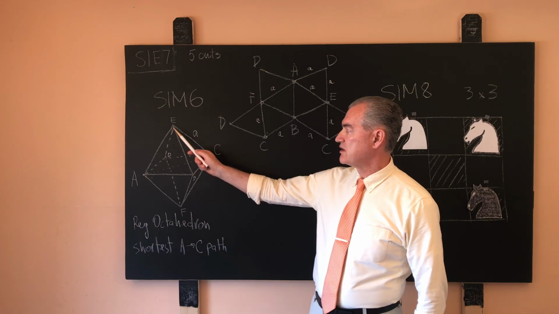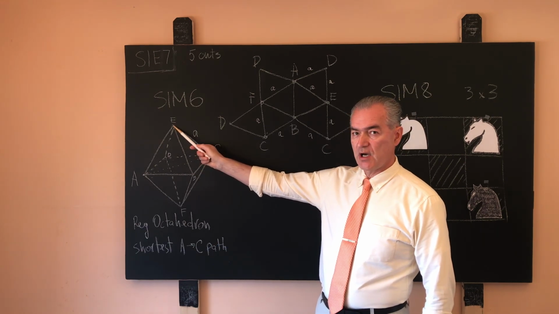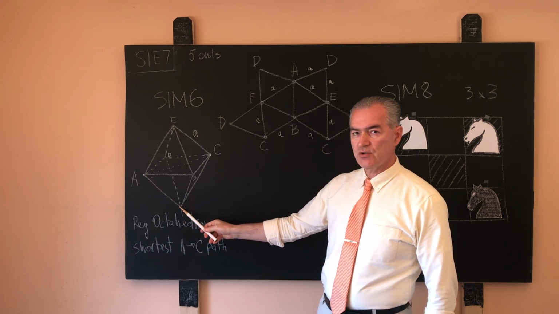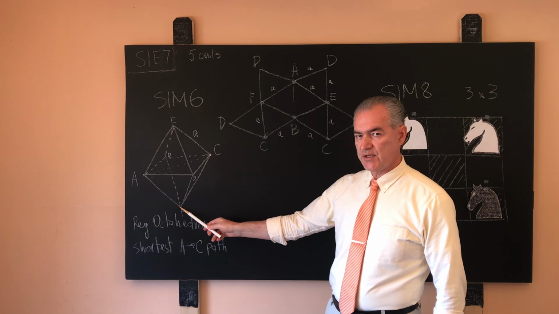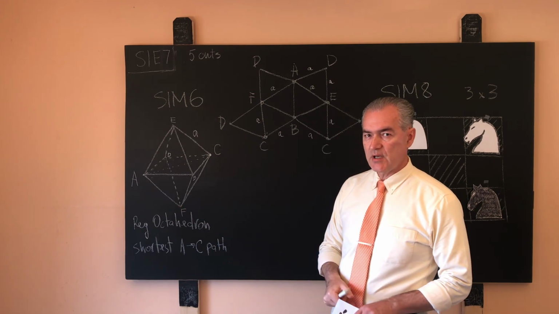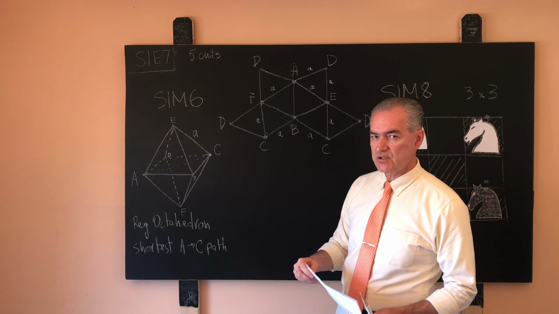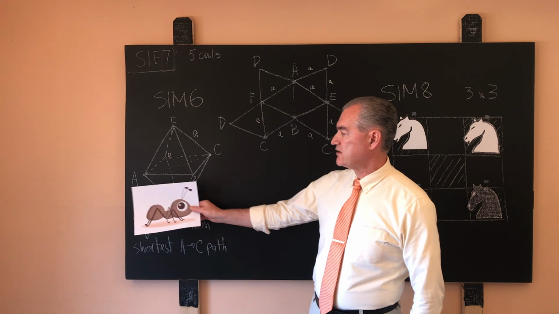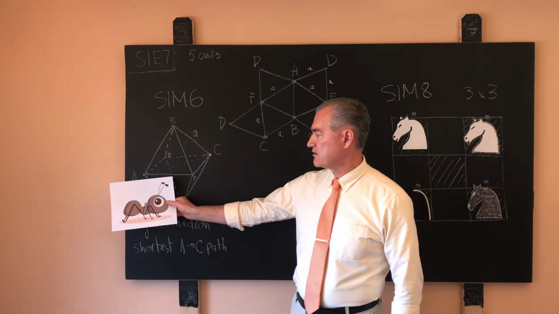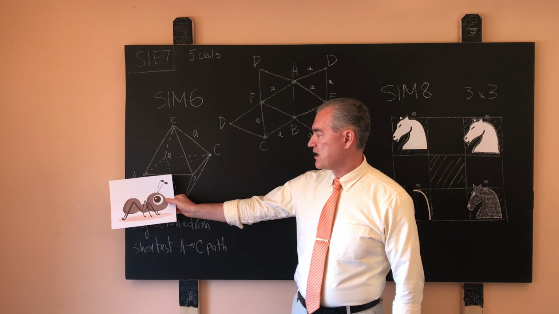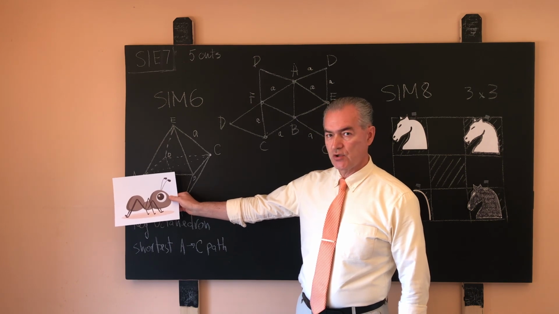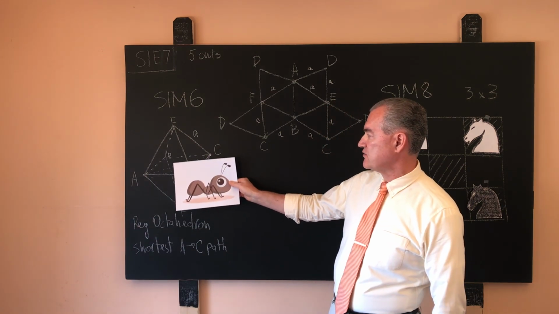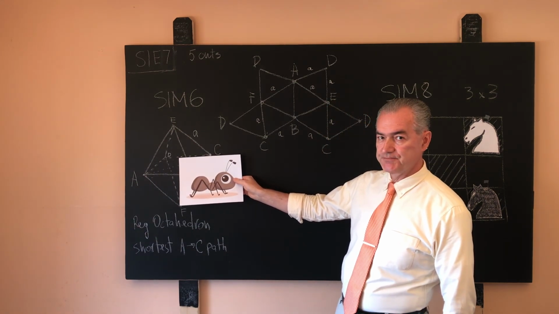The logically top vertex I named E, and the logically bottom vertex I named F. Consequently, the objective in this situation is to find a shortest possible A to C path that an ant, for example, our friendly inquisitive character here, can take over the outer surface of the given octahedron from the vertex A and arrive at the vertex C.